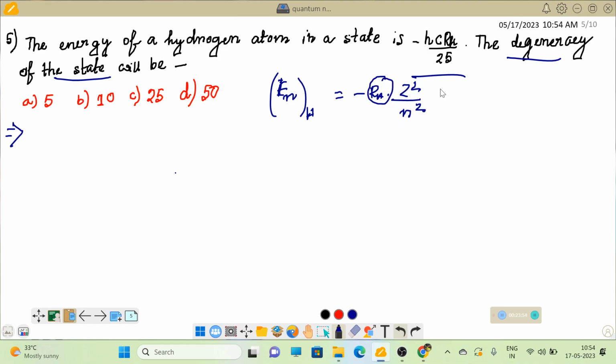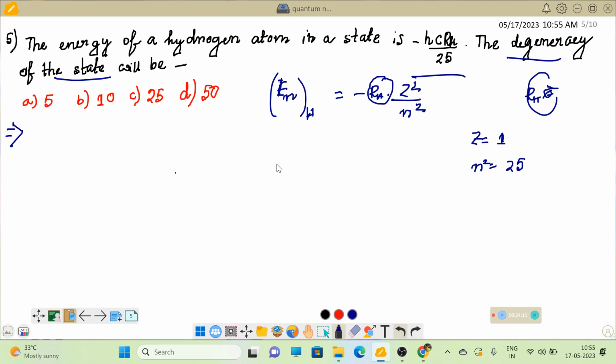Here RH is the Rydberg constant, and as it is a hydrogen atom, z equal to 1 and n square is given as 25.